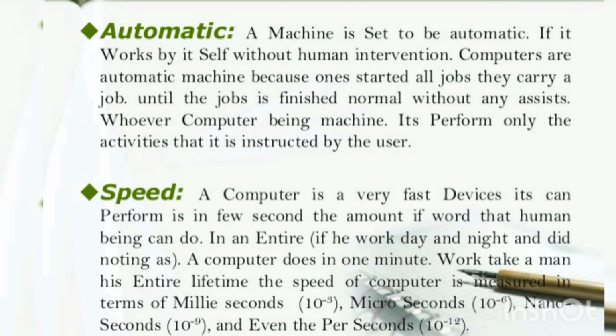So the computer is very important in our life nowadays. The computer is a very fast device. We can work on the computer day and night, whenever we require. Using the computer, we can send pictures, messages, PDFs, and letters within a second.